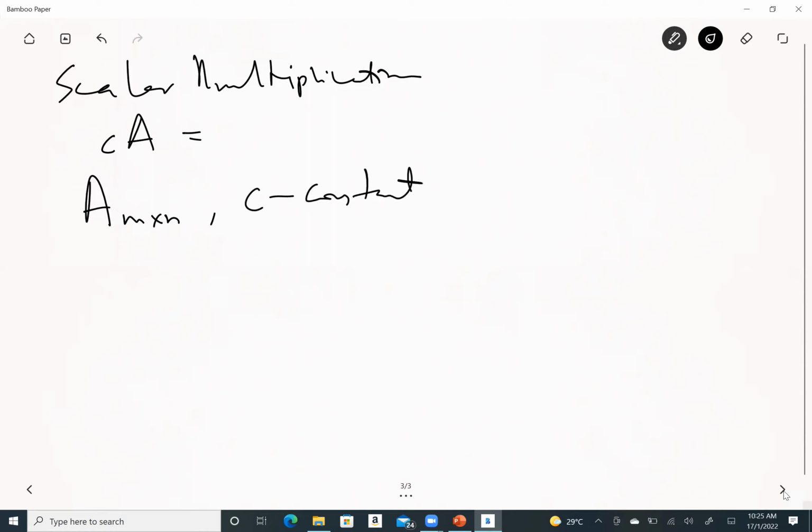So for example, let's say C is equal to 7, and A is a matrix, negative 2, 1, 4, 0, negative 6, 1. So you have a 2 by 3 matrix multiplied by 7. You multiply 7 with each of the elements.